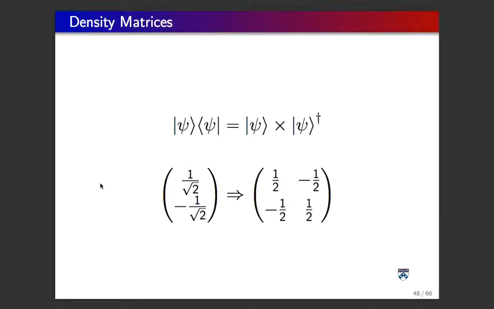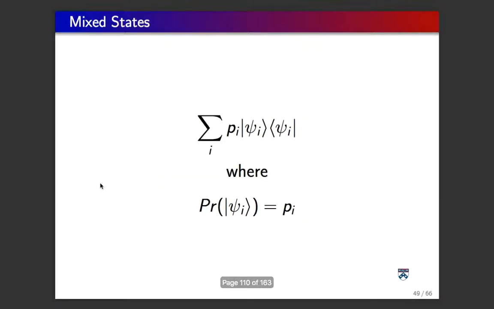What's nice about this is if you want to find the probability of measuring any given state, you just look along the diagonal, and the diagonal gives you that probability. Which means that the trace of these density matrices always adds up to 1, because the probabilities of measurement will always add up to 1. But what's good about these density matrices is that they can represent more than just pure quantum states. They can represent distributions over quantum states very concisely.